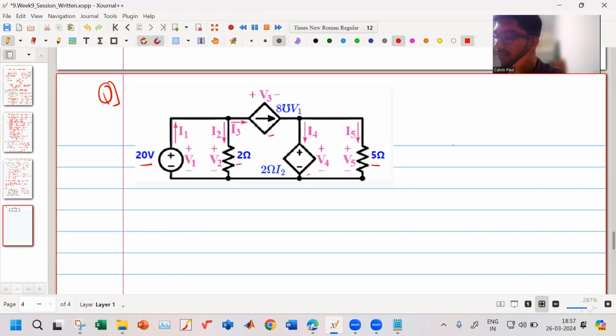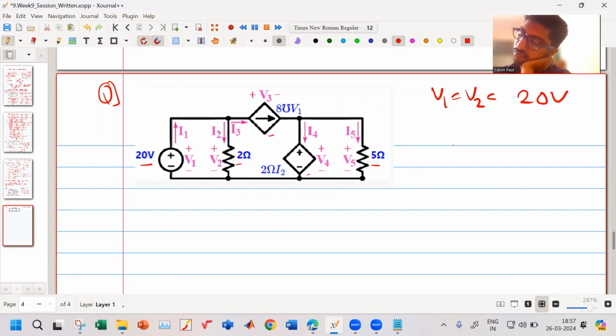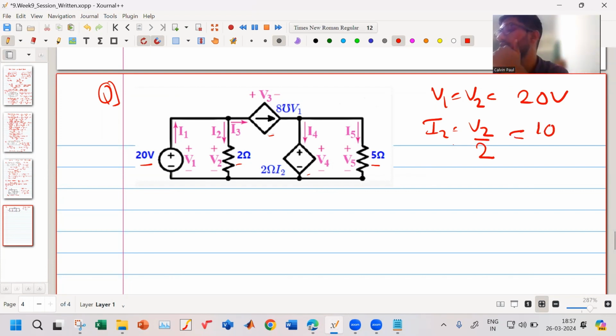V1 is equal to V2, that is equal to 20. Then we get I2, which is V2 divided by 2, that is 10 amperes.